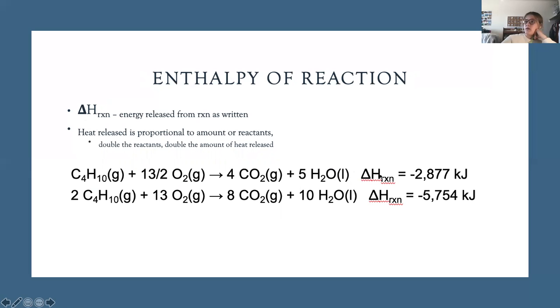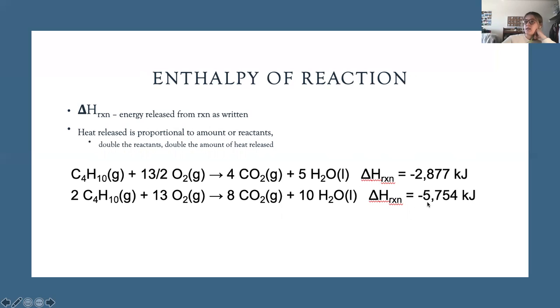And we have our amount of heat released is negative 2,877 kilojoules. Then when we double all of the reactants and products here, we also need to double the heat of the reactant.